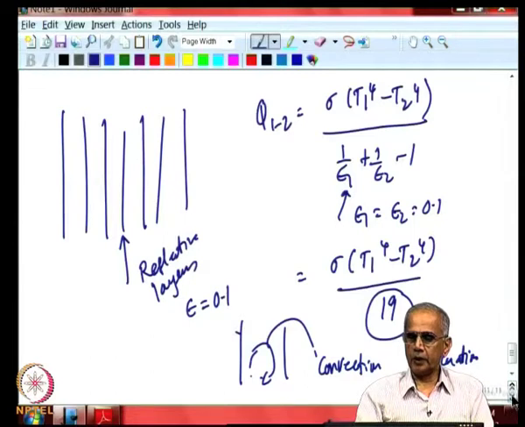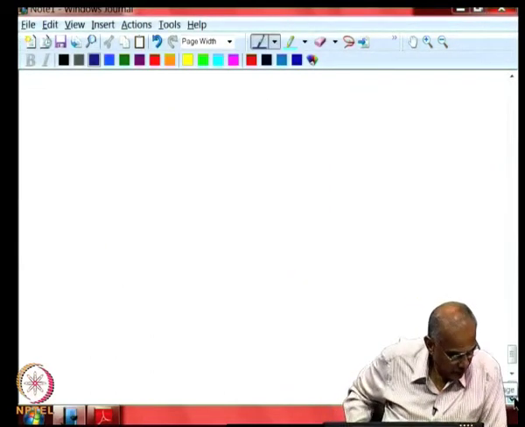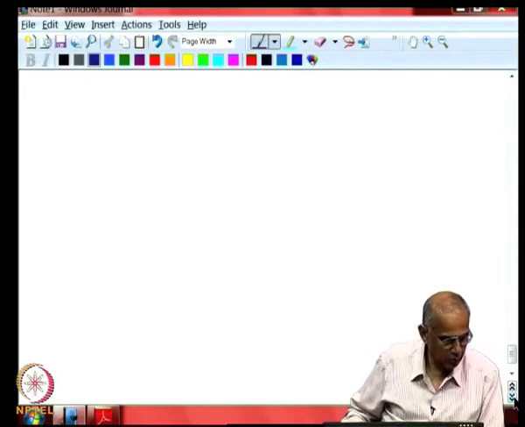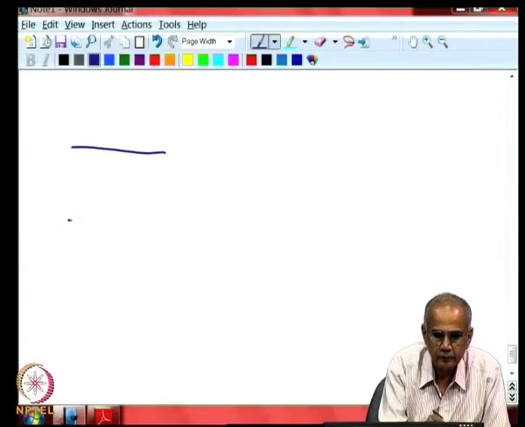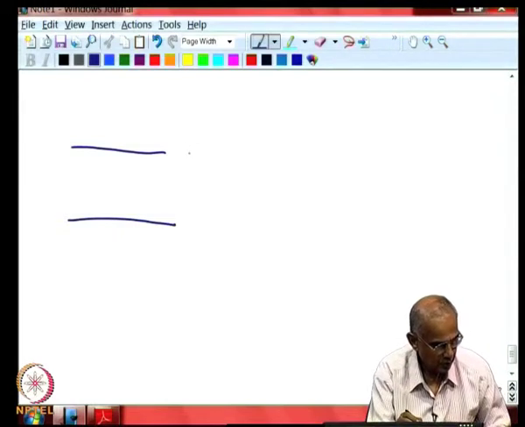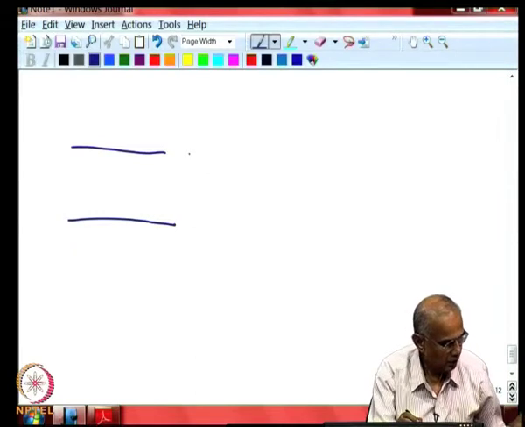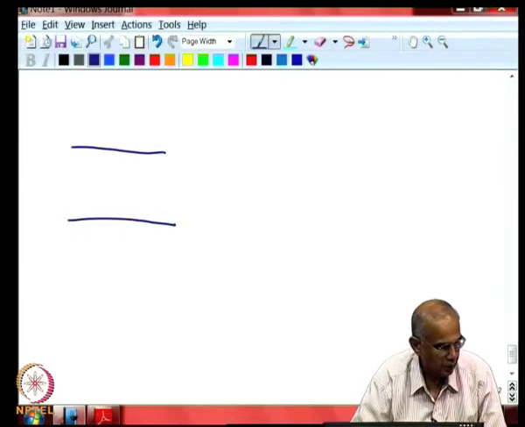Now, let us take an example to illustrate this issue further. So, suppose you put a shield between two plates. Okay. And before I take the shield example, let us take a simple example, a steam pipe.